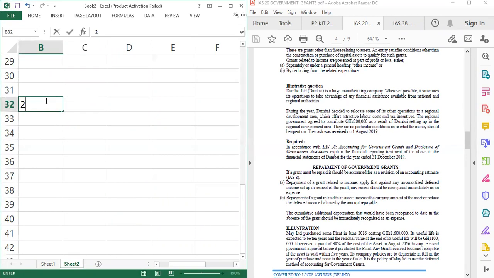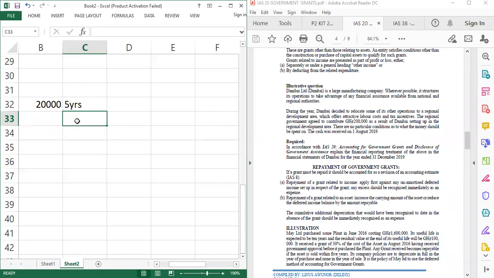Assuming that you are given a grant of 20,000 to employ employees for 5 years. You have done 2 years already.